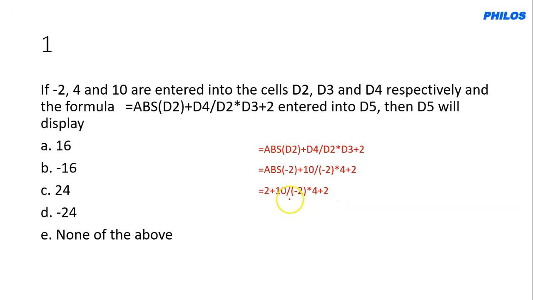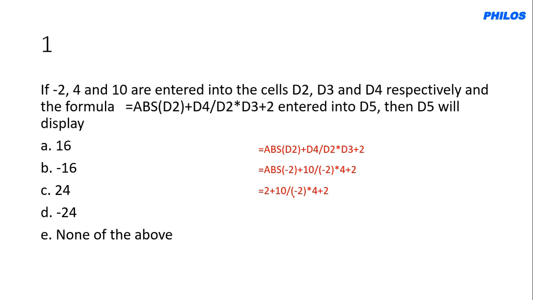The next thing you need to operate before the addition is the division and multiplication, either of them. But the rule is that you should operate from the left. Since division is at your left and multiplication is at your right, you need to work the division first. If multiplication were at the left and division at the right, you would have operated the multiplication first.